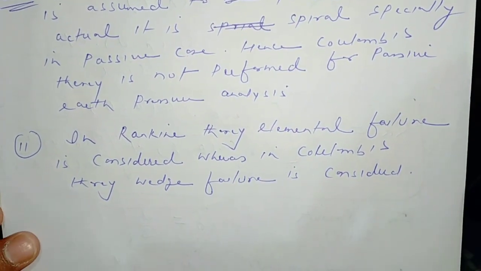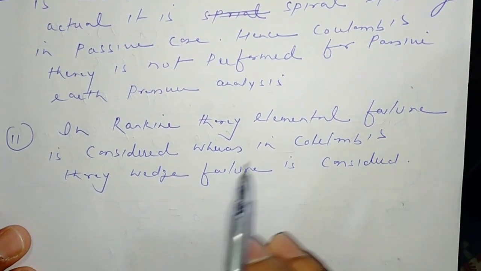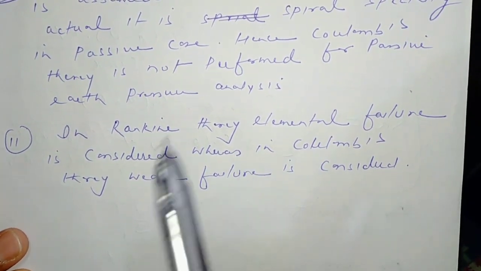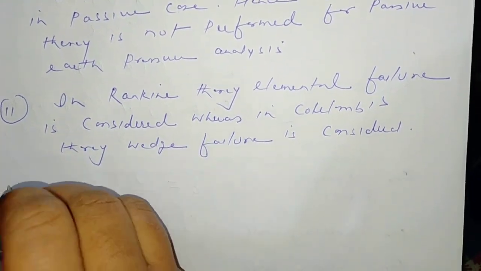So in Rankine theory, at any soil element it may fail, but in Coulomb's theory, entire wedge failure is considered.